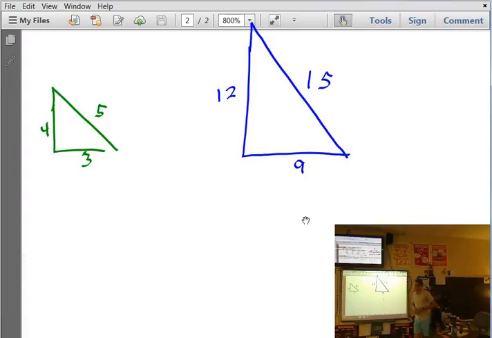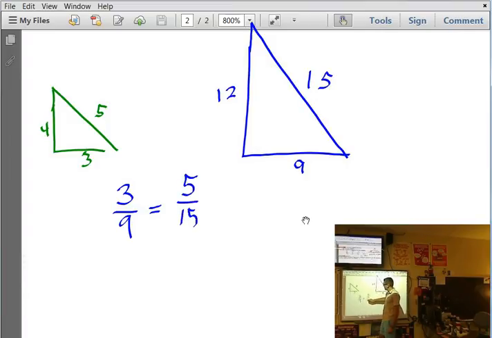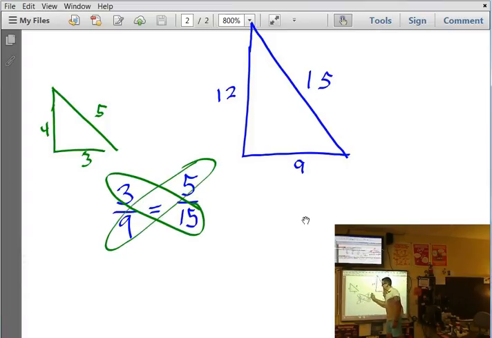The other reason that this works is if I set up 3 over 9 equal to 5 over 15, the means extremes theorem tells me that is going to make 3 times 15 and 9 times 5. I could also set up how does 5 relate to 3 on that triangle equal to how 15 relates to 9.